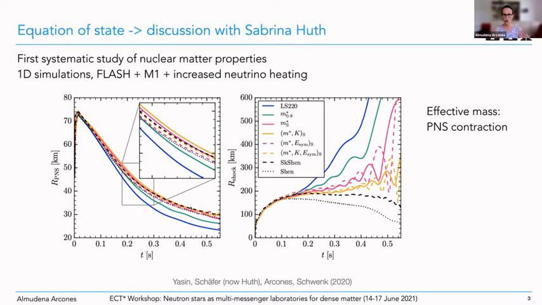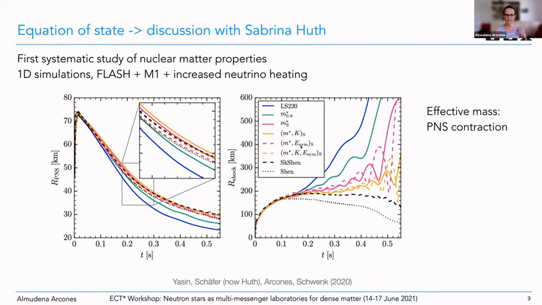The quantity that rules the contraction of the proto-neutron star is the effective mass. So they were always using the Lattimer functional, and then changing only the effective mass from 0.2 to the Shen value, which is 0.634. And you see that this is exactly what changed the contraction of the proto-neutron star. Sabrina and Hannah also changed the incompressibility and the symmetry energy.